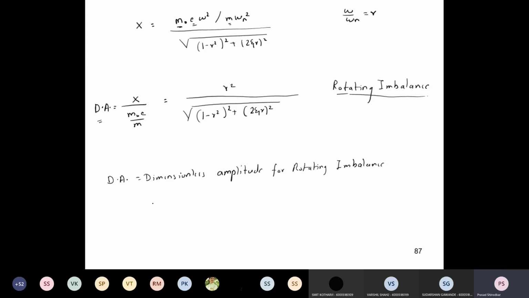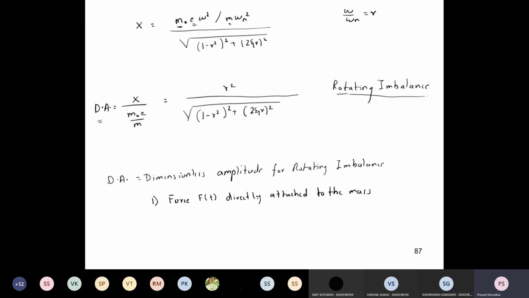All right. So we are going to consider many such cases. So first case was force f of t directly attached to the mass.